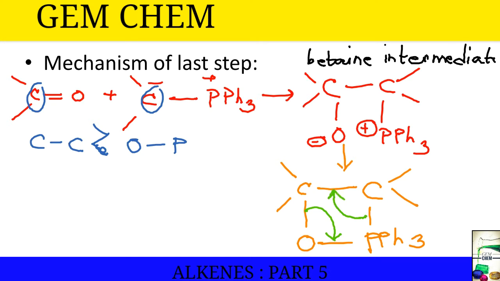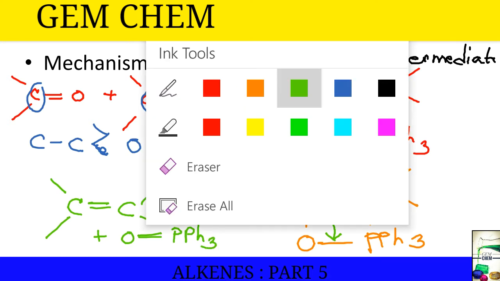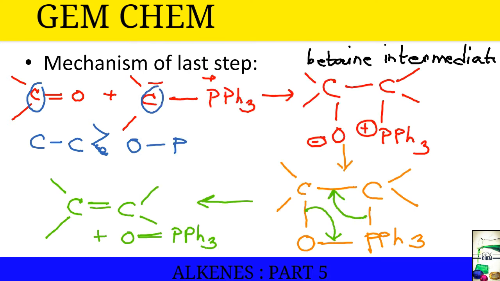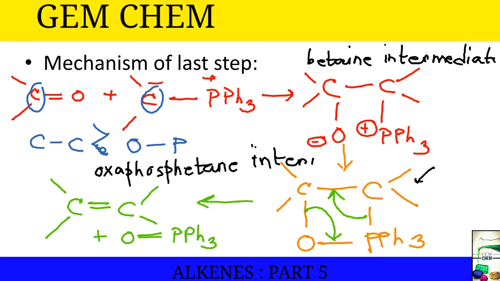So the ultimate product comes to be an alkene plus phosphine oxide. This intermediate also has another name: oxaphosphetane intermediate.